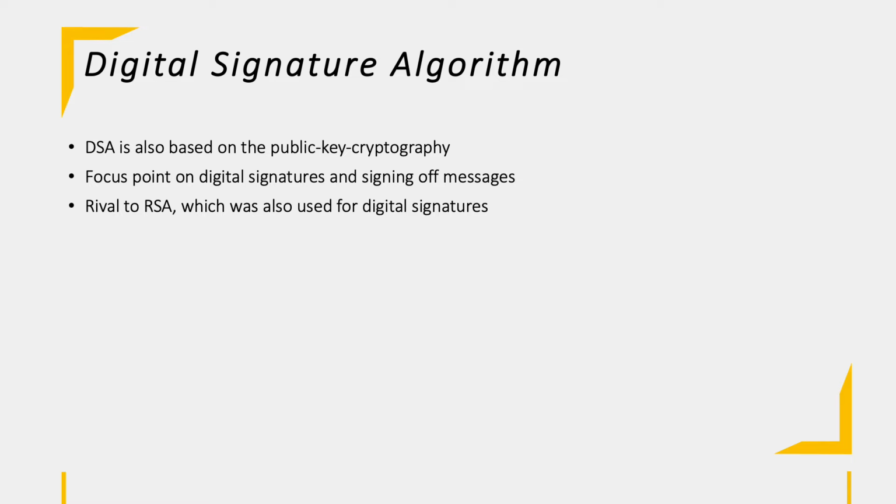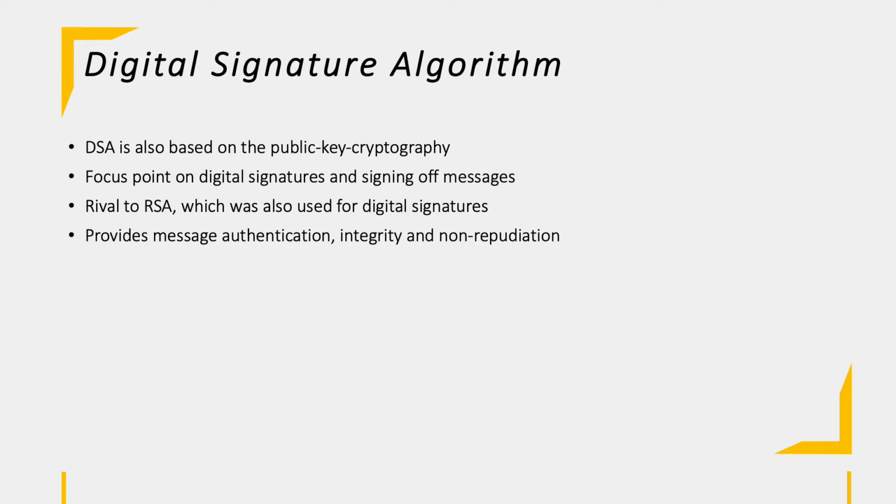So they are comparable algorithms in terms of signatures. You cannot really compare DSA to Diffie-Hellman, because Diffie-Hellman usually has a different focus point.